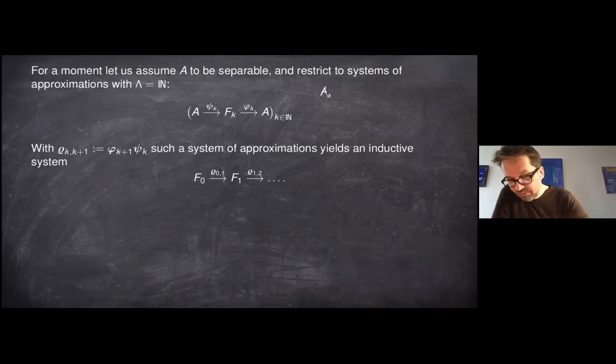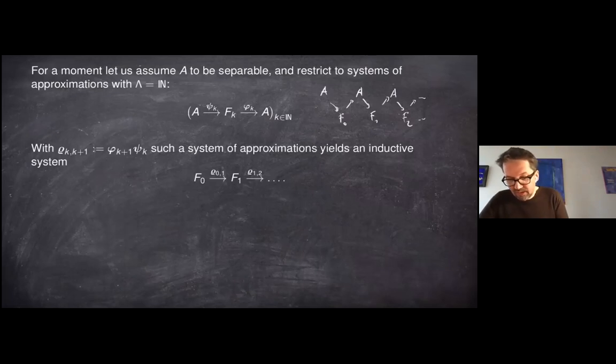So here we have A, then I go to F naught, then I go back to A, I go to F1, go back to A, to F2, and so on.